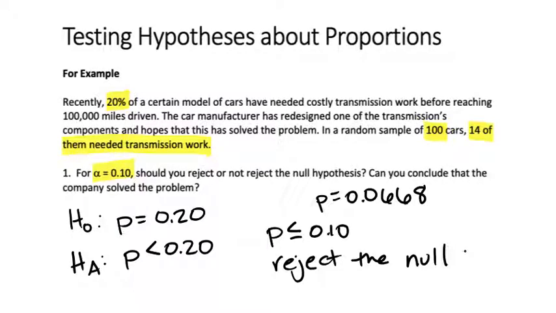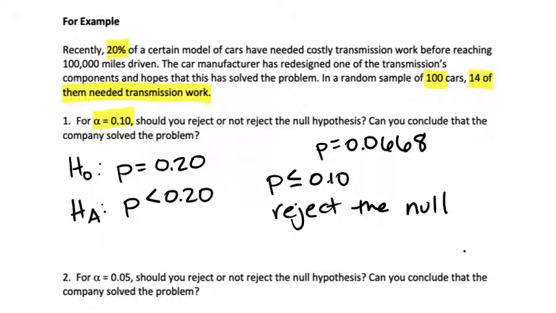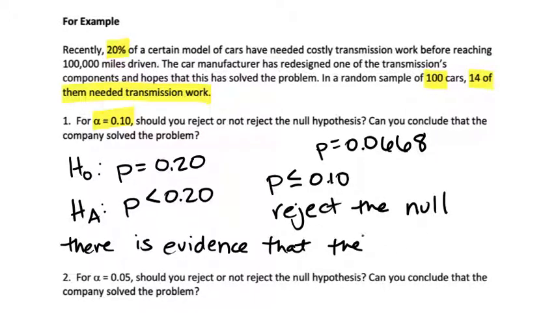And if I reject the null hypothesis, that means that there's evidence for the alternative hypothesis. So there is evidence that the proportion is less than 20%, or that the fix worked.